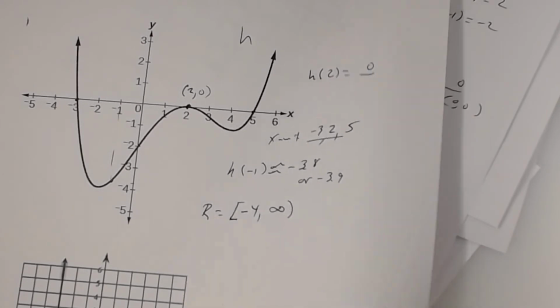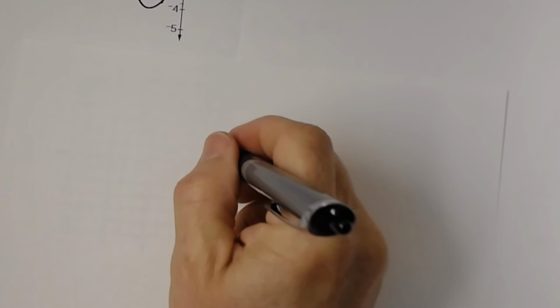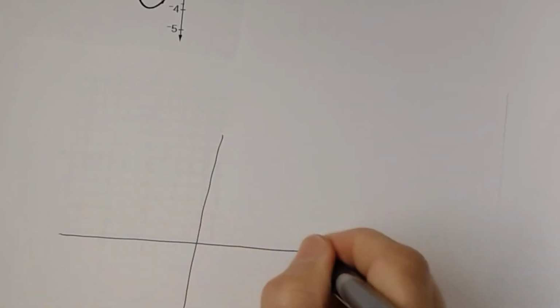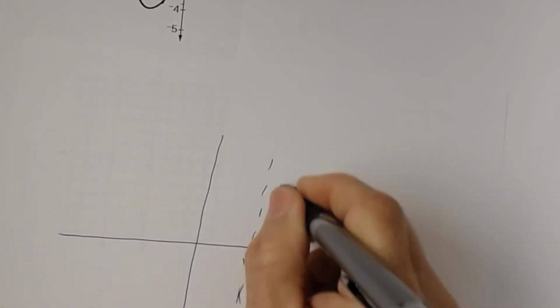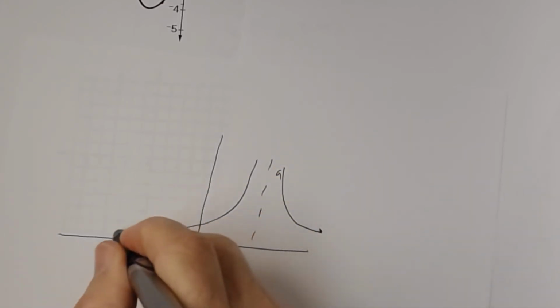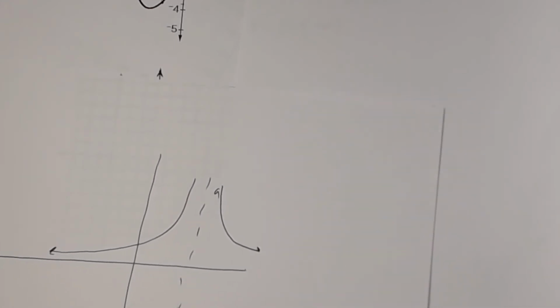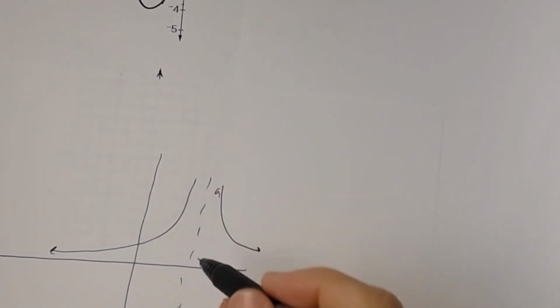There are some graphs we're going to look at in the second half of the course where you may have a vertical asymptote.